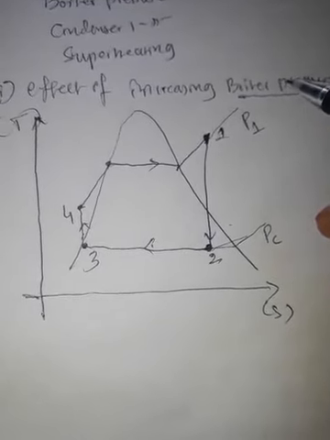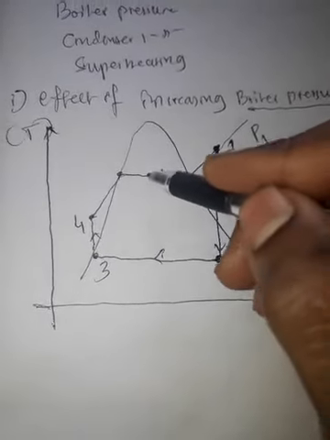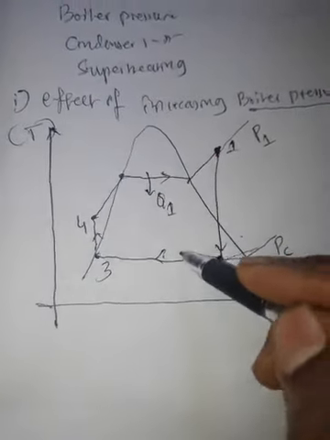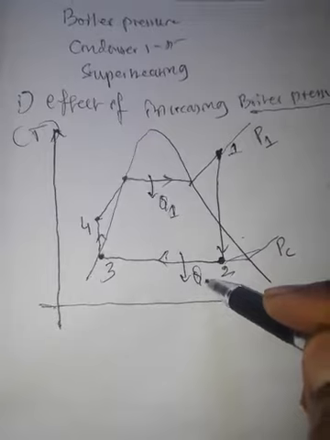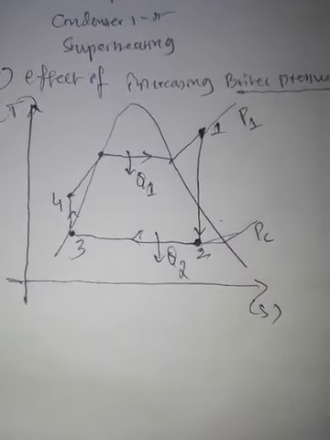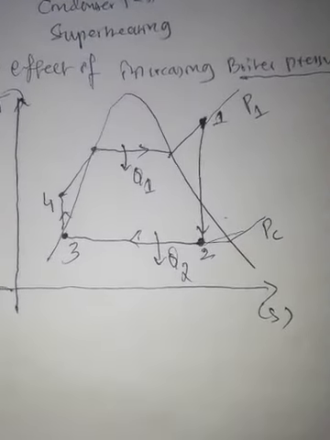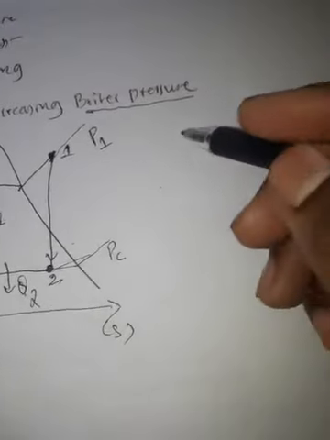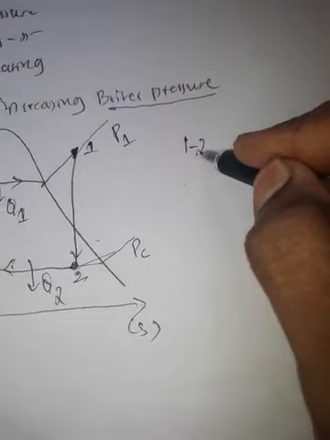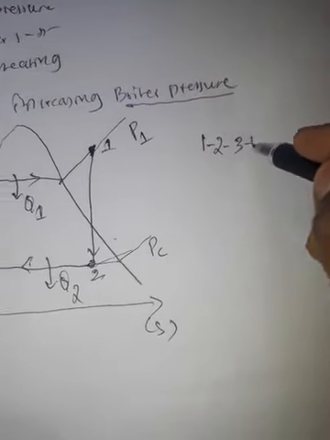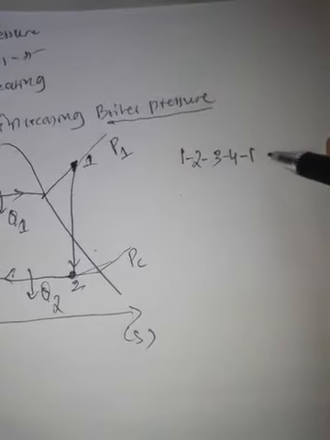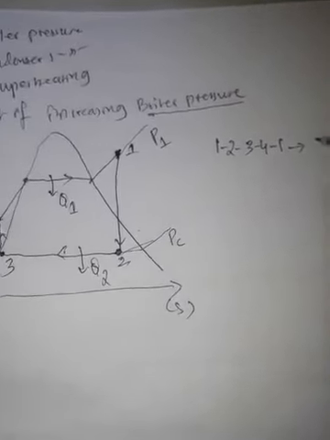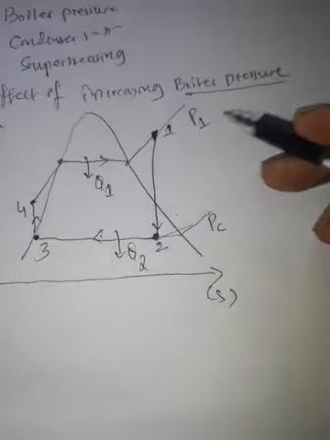Before that, this is the heat input Q1 in this cycle, this is the heat output, that is heat rejected is Q2 in this cycle. I will represent the cycle 1, 2, 3, 4, 1 as Rankine cycle with pressure P1.